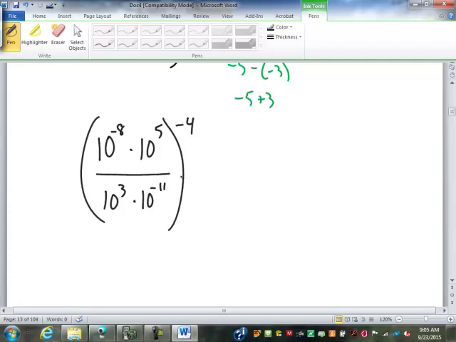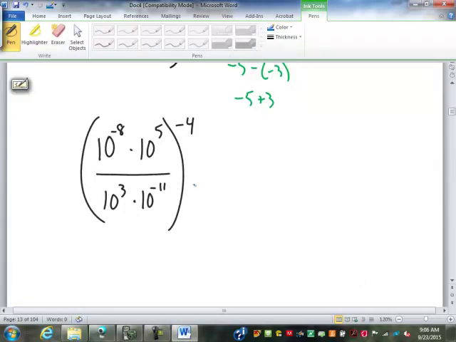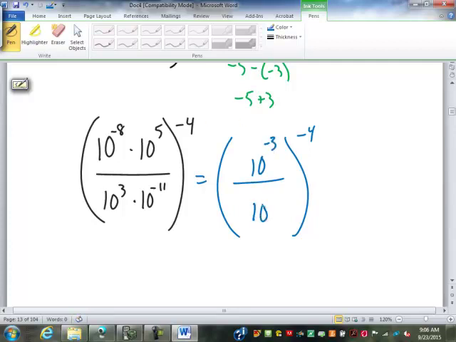Try that one in your notes quick. See how it comes out. So first thing we're going to do, we're going to do the top and we're going to do the bottom. On top, 10 to the negative 8th times 10 to the 5th. Negative 8 plus 5 is negative 3. On bottom, 10 to the 3rd times 10 to the negative 11th is 3 plus negative 11, which is negative 8.